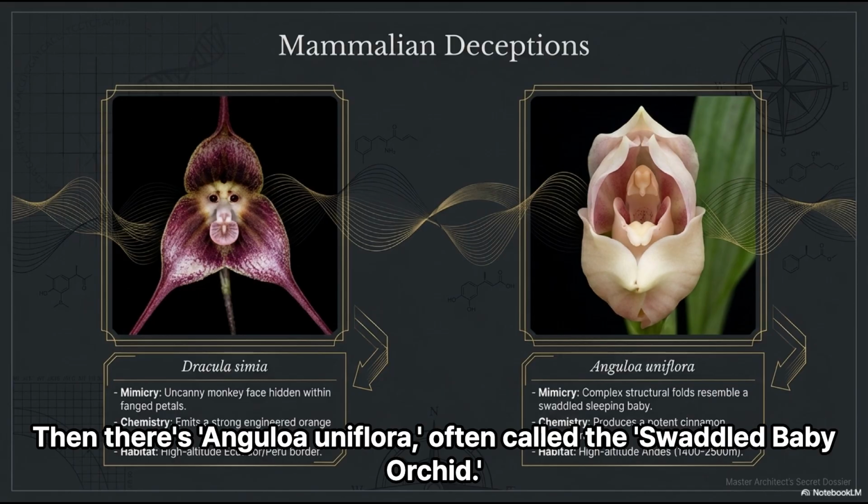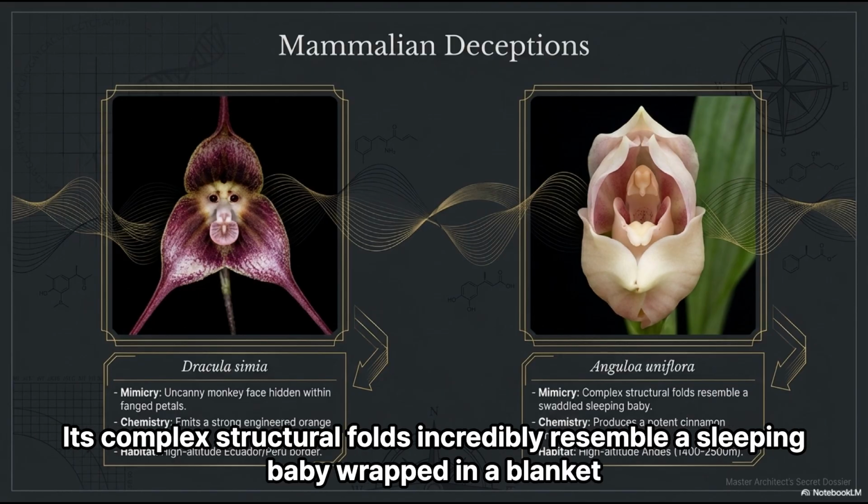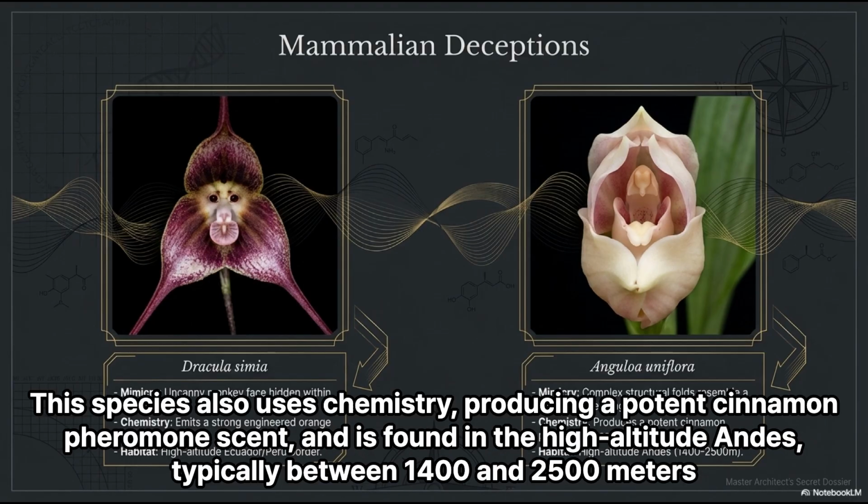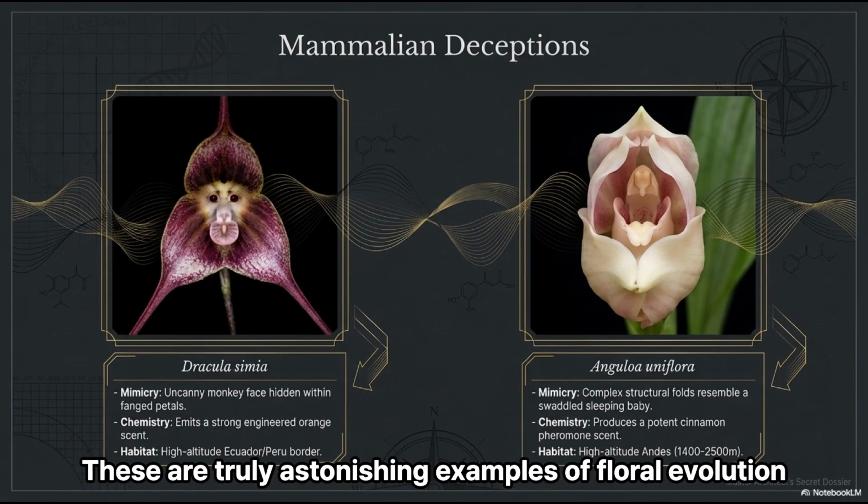Then there's Anguloa uniflora, often called the swaddled baby orchid. Its complex structural folds incredibly resemble a sleeping baby wrapped in a blanket. This species also uses chemistry, producing a potent cinnamon pheromone scent, and is found in the high-altitude Andes, typically between 1,400 and 2,500 meters. These are truly astonishing examples of floral evolution.